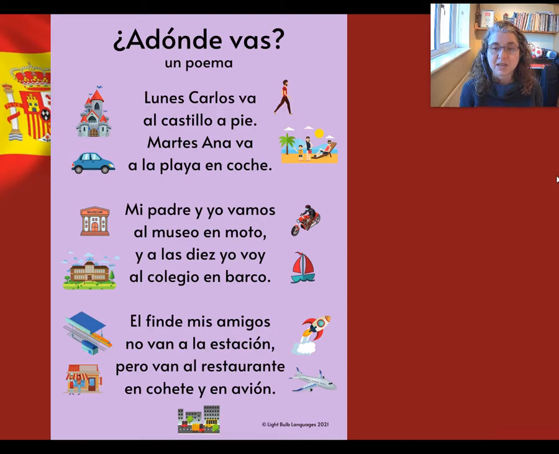Mi padre y yo vamos al museo en moto y a las 10 yo voy al colegio en barco. El fin de mis amigos no van a la estación, pero van al restaurante en cohete y en avión. How did you get on that time? If you think you need a bit more practice of saying the poem, then you can always rewind the video and have another go.